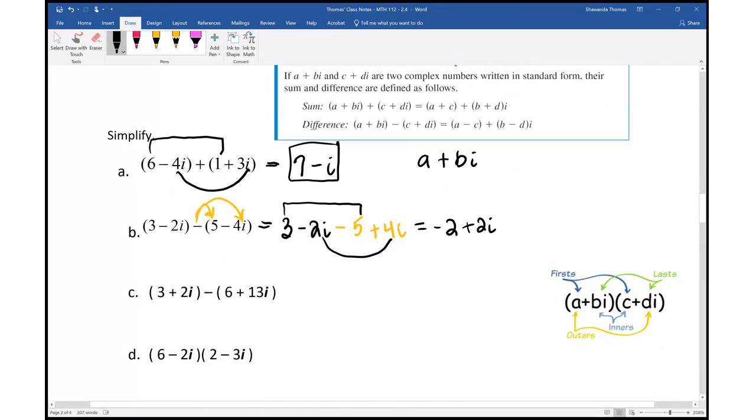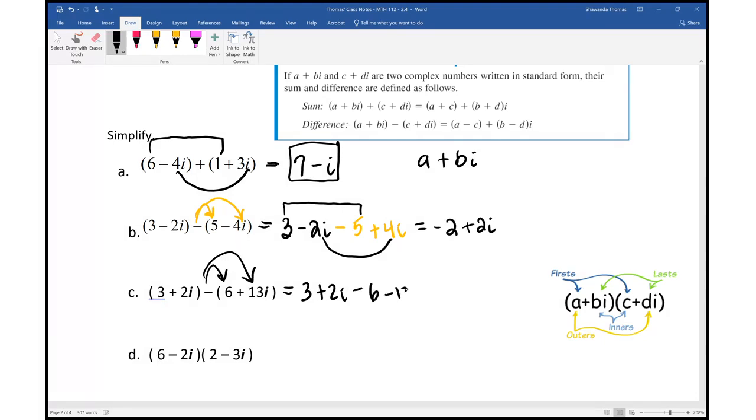So again here, don't forget with subtraction, write it all out. Distribute negative 1 through the 6 plus 13i, giving us negative 6 minus 13i. Therefore, 3 minus 6 is negative 3, and 2i minus 13i is negative 11i.